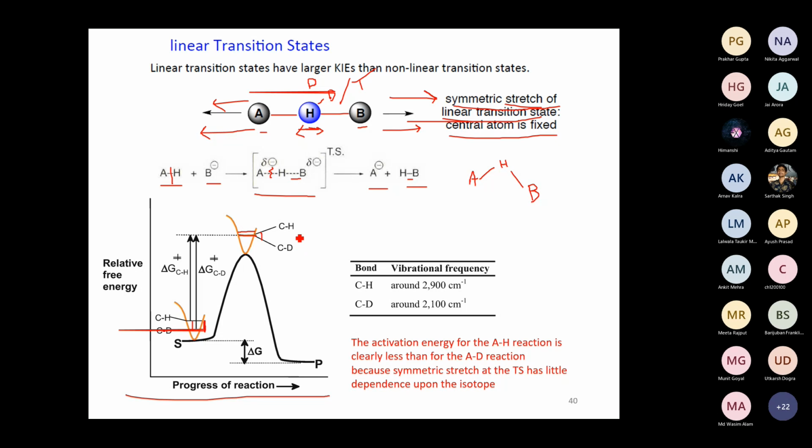So the C–H and C–D bonds will be at the same level if A and B are the same atom, with identical symmetric vibrations. But if there are little fluctuations, like A and B being different atoms, or H having some little vibration, then definitely this will not be at the same level. It will be at a different level, but the gap will be very small.